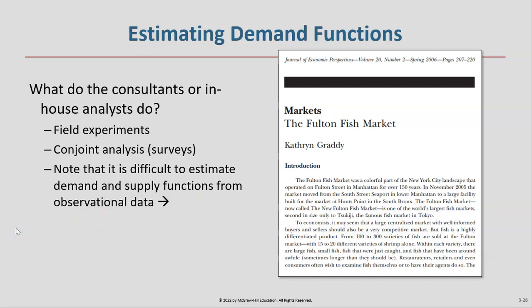Other ways that business firms have figured out how to isolate the demand curve is with what's known as field experiments. You can also do this in a laboratory setting. And then what the marketers call conjoint analysis, where you collect survey data.